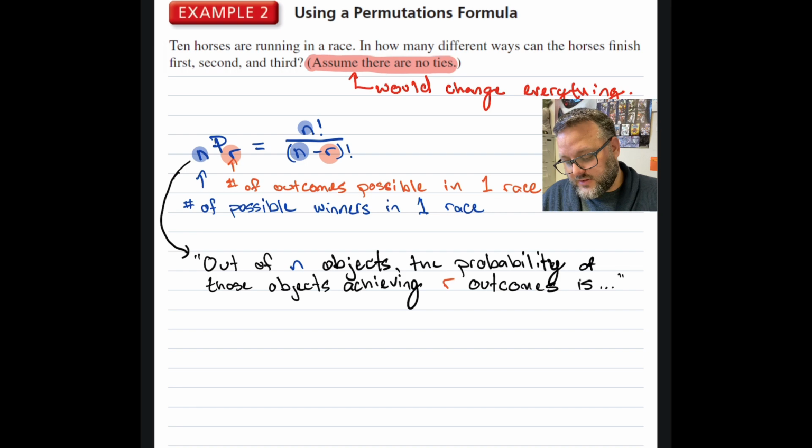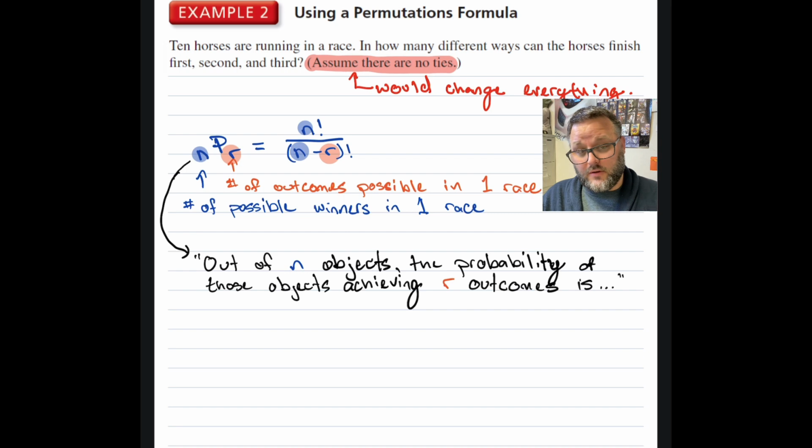So one way to read the formula of nPr is: out of n choices or objects, the number of ways of achieving r outcomes is.